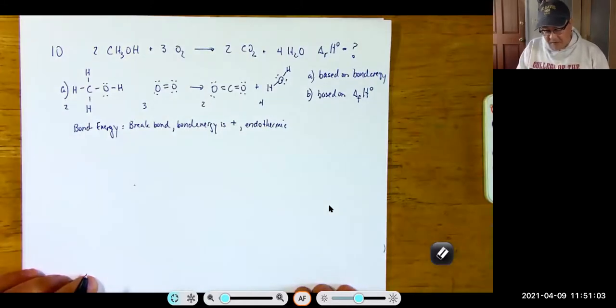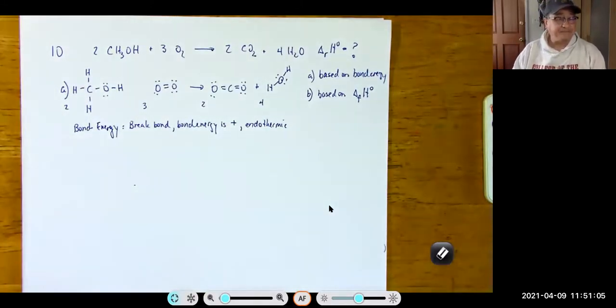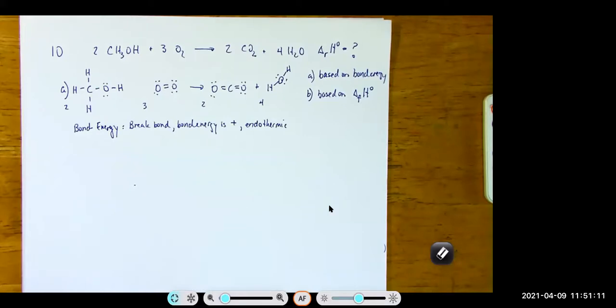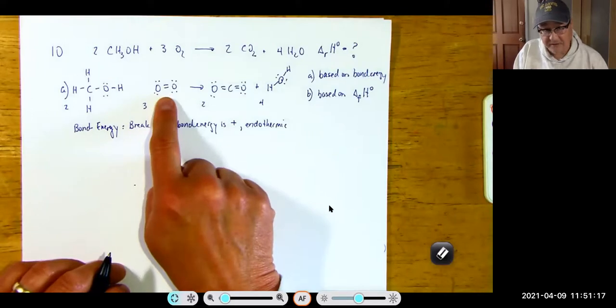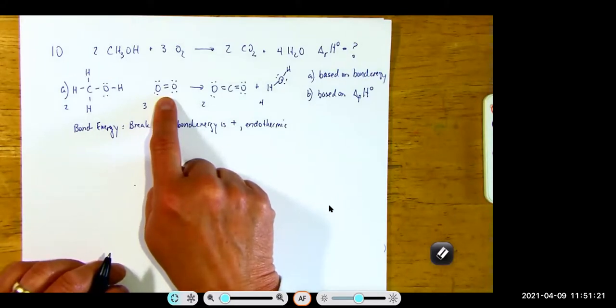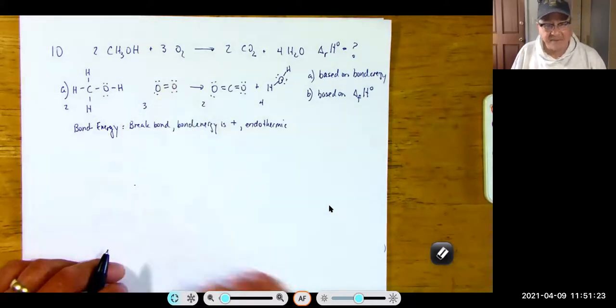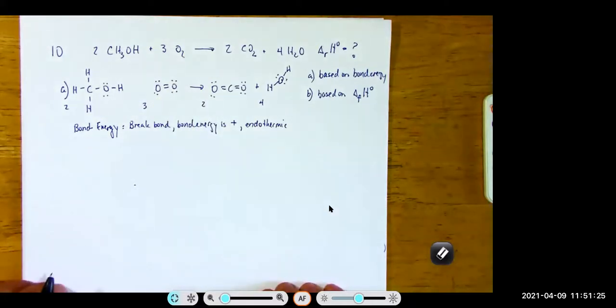So before I move on, I want to make sure you understand that. As an example, do you see this oxygen-oxygen double bond? If we want to break that, we have to put energy in to make that happen. Does that make sense?